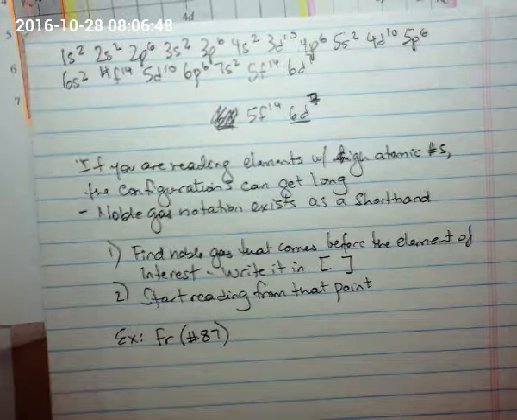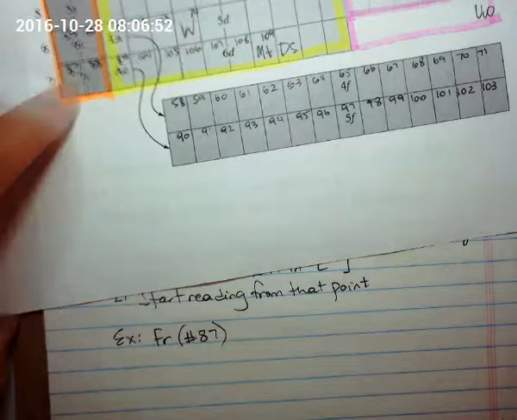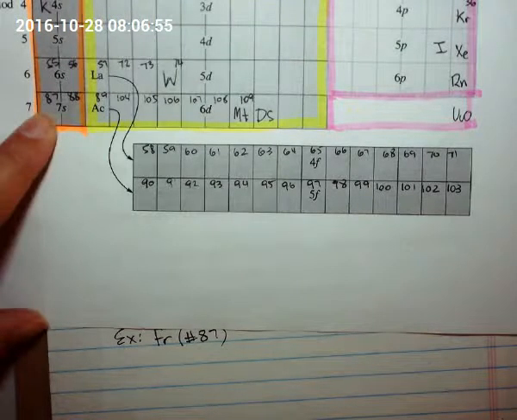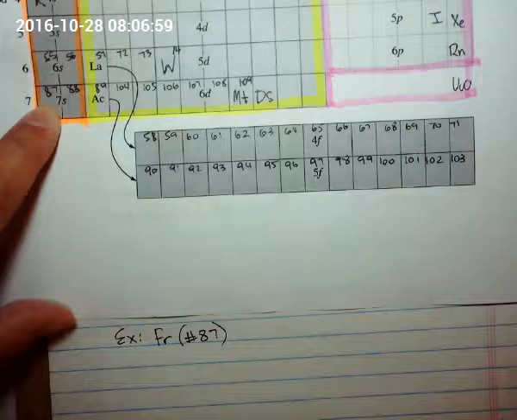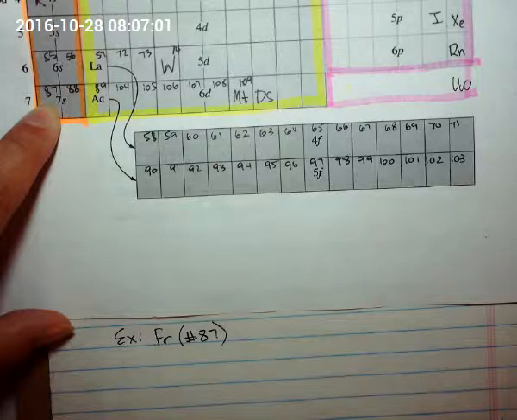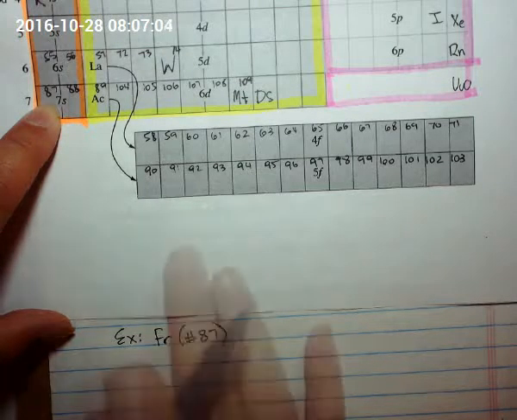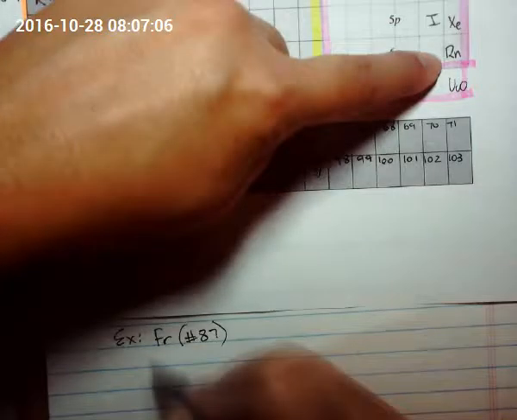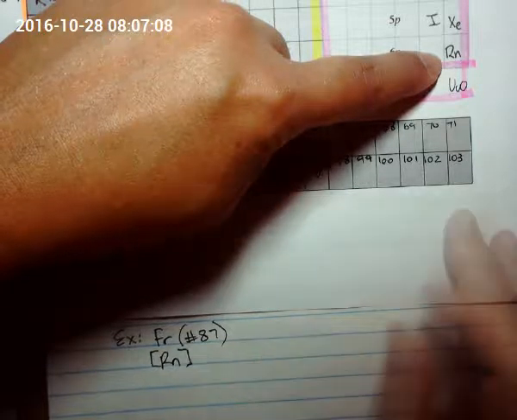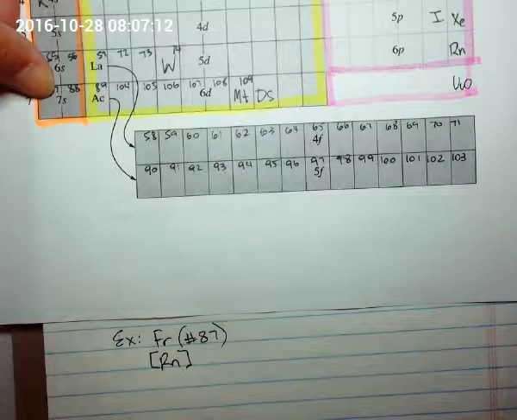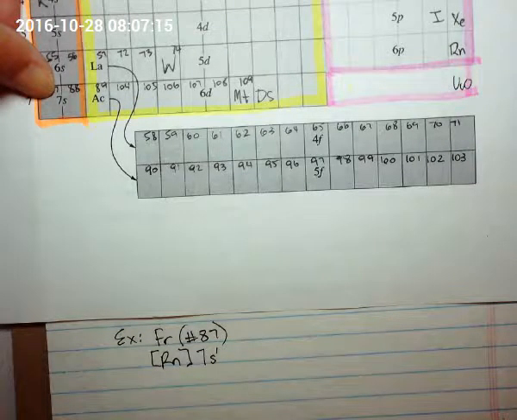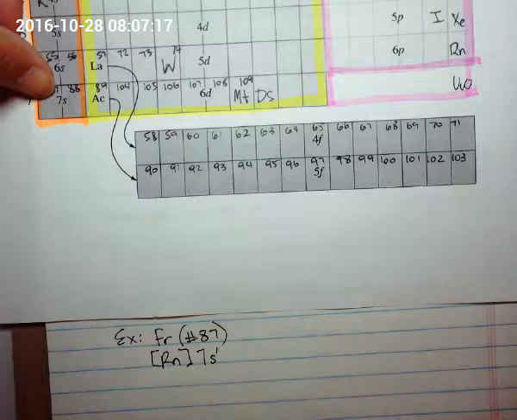It's right there where my finger is. So what's the noble gas that comes right before it? You go up a row, all the way over. It's Rn. You write that in square brackets, and then you start reading from there. 7s1. So it's just [Rn] 7s1. Better than starting from the beginning, right?